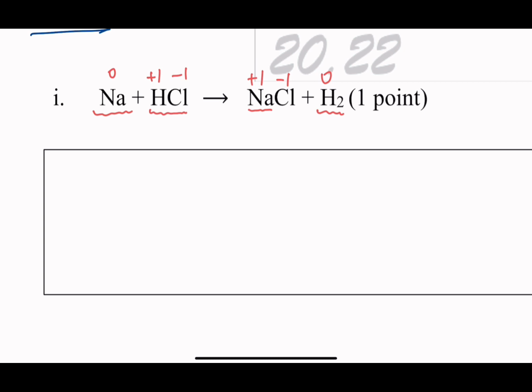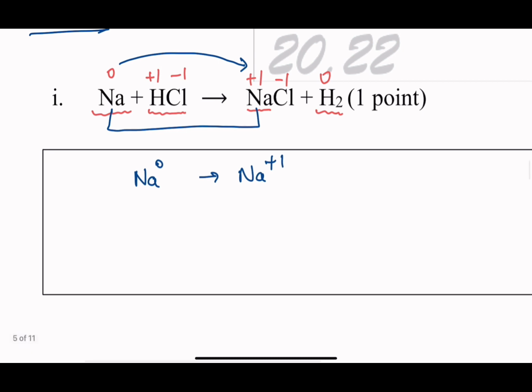So for sodium, we need to look at the number change. Sodium went from 0 to +1. You see my number increase from 0 to +1, so this has got to be oxidation. In order to balance this, we know that 0 is here and +1 is here.